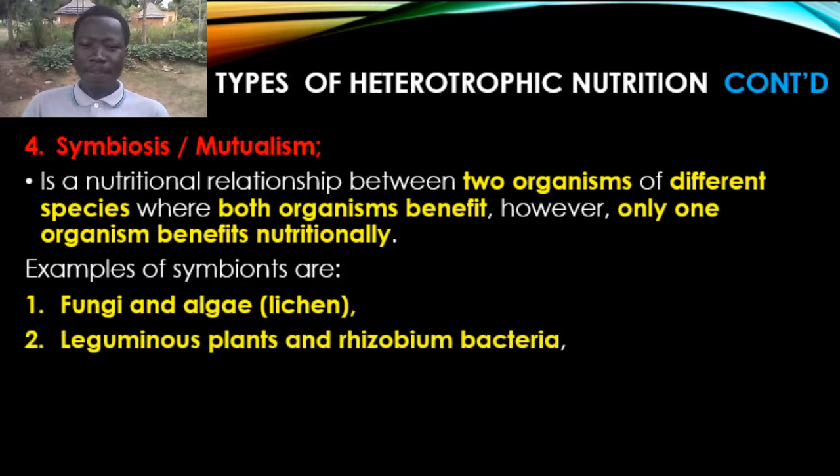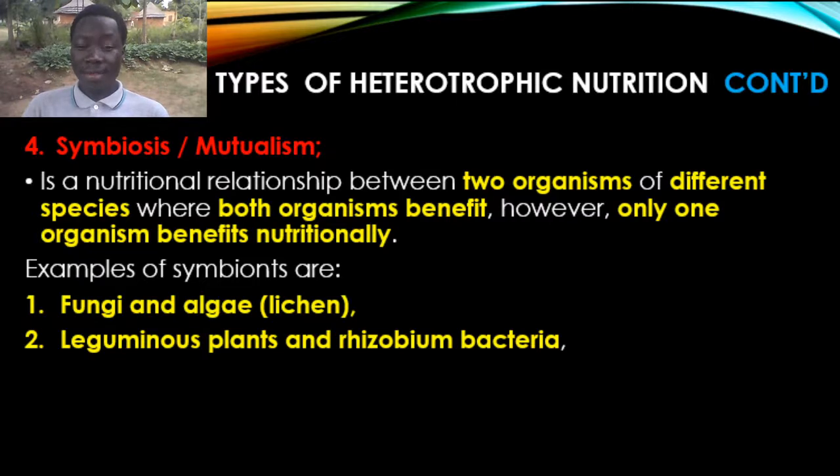But this lichen normally colonizes. They're the first colonizers of any new habitat. So in the colonization process, if you go to rock surfaces, you find the lichen. It's made up of algae, which is a photosynthetic organism, and fungi, which is a non-photosynthetic organism.